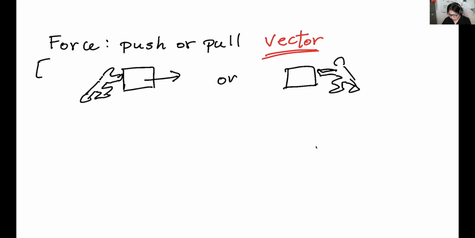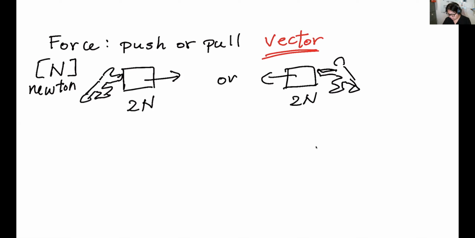But for the force, we use a unit that's called Newton. So I could be pushing this box 2 Newton to the right, or the same 2 Newton to the left. It's a different force.